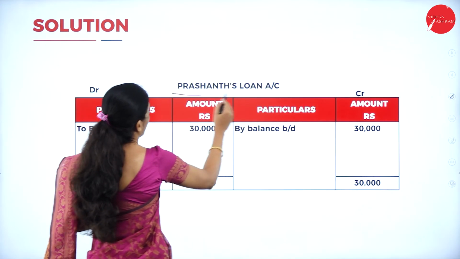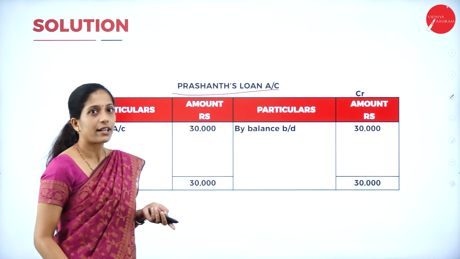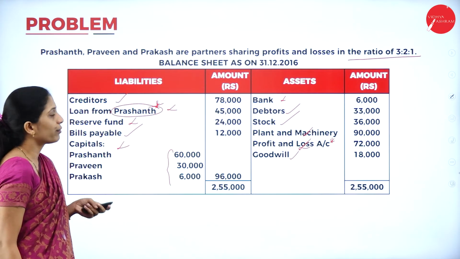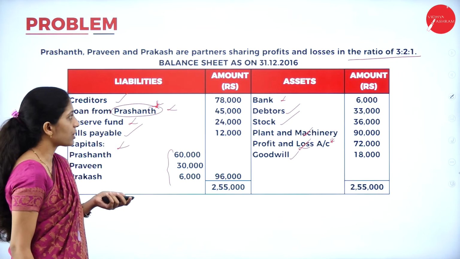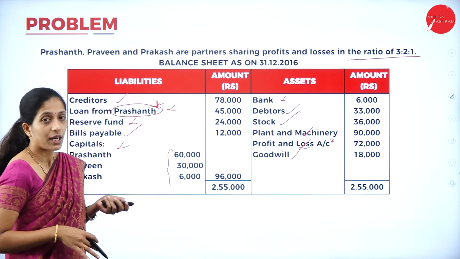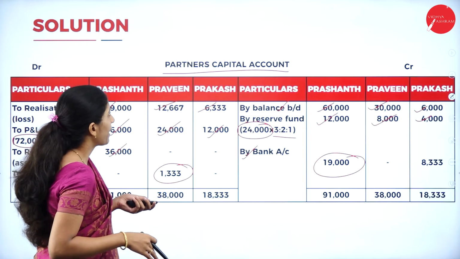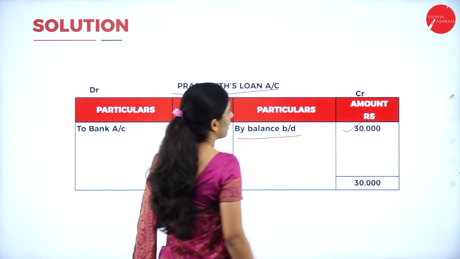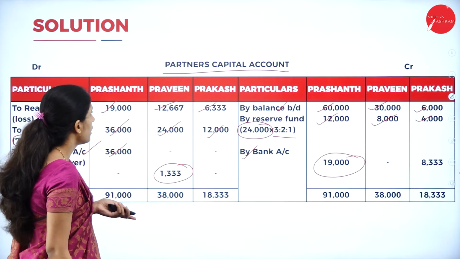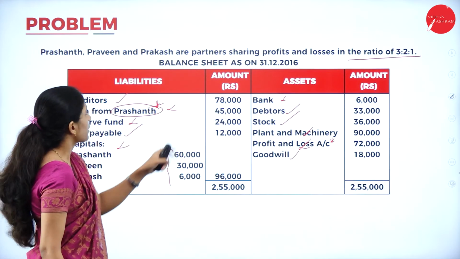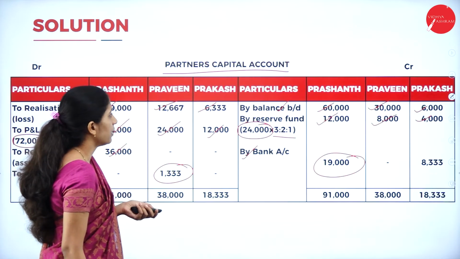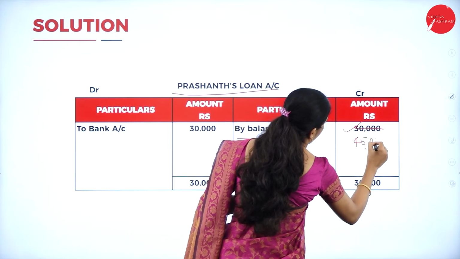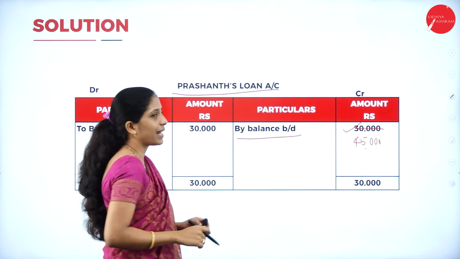Next, partner's loan account. Of course, Prashant has provided a loan. If you see the balance sheet, here they have given a loan from Prashant, 45,000. That amount has to be paid back to him, right? So, we shall prepare the partner's loan account. First, take it as by balance brought down, it is Prashant's loan of 45,000.